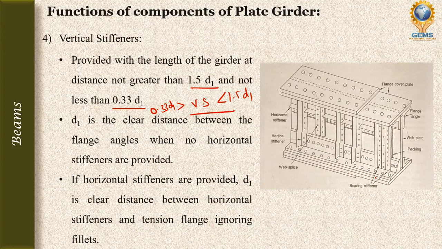So if a horizontal stiffener is given, then we have to consider the distance between the horizontal stiffener and the tension flange. If no horizontal stiffeners are provided, d1 is the clear distance between the flange angles, that is top and bottom. If horizontal stiffeners are provided, then d1 is the clear distance between the horizontal stiffener and the tension flange.